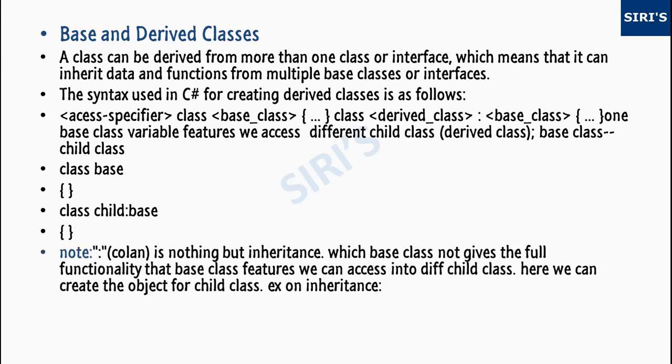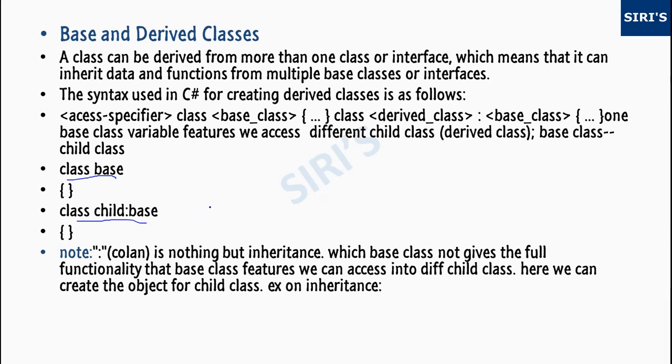Here is another example of how we can write it. We declare the code for the base class here, and then we call the child class through the base class where we declare the method.